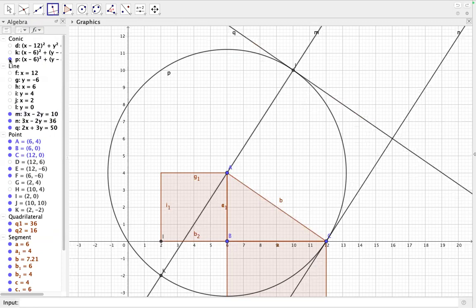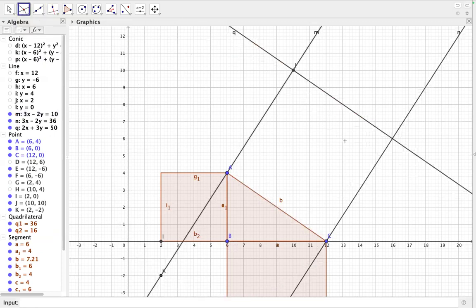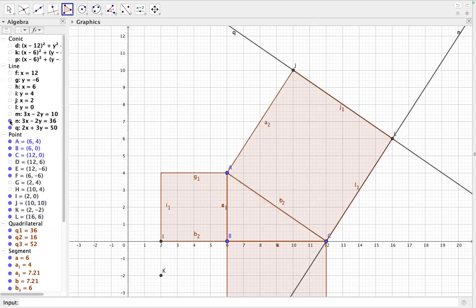Then we can remove the circle, find the intersection of these two lines, then use the polygon tool to draw the last square. Remove the lines, and we are done.